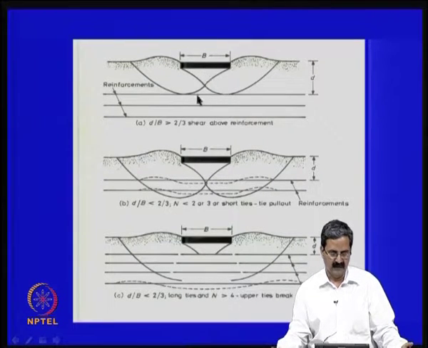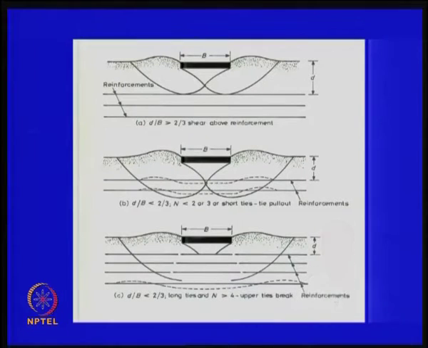Like if there is a lot of distance between the bottom of the foundation and the top of the reinforcing element here, then there is no use. So, you would like to avoid this possibility that the shear above the reinforcement will occur. So, that is like d by b should not be more than 2/3, like it should be quite close. We will see some guidelines also that if d by b is more than 2/3, the shear failure occurs.